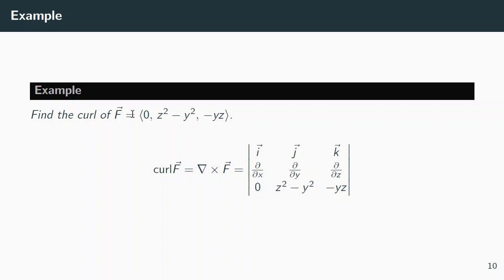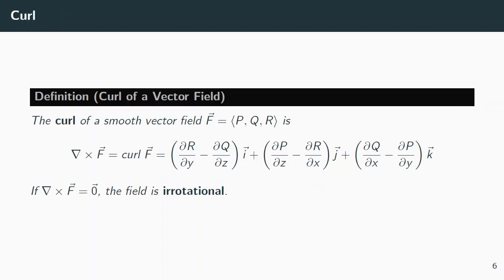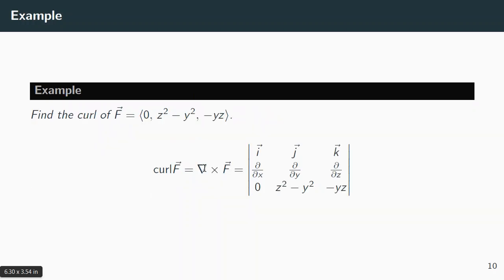You actually will get the same answer. So you don't have to memorize this formula if you don't want to, because you already know your cross product formula from before, and that's a nice little feature.